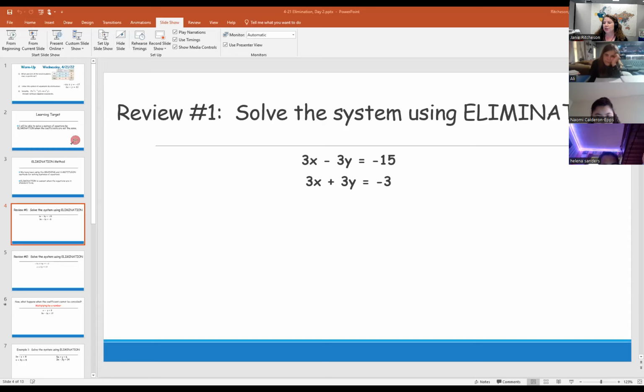So all I'm going to do is combine like terms. x combined with negative x is 0, so my x's cancel. Then I have 1y plus 3y is 4y, and 6 combined with negative 2 is positive 4. To solve for y, I'm going to divide both sides by 4, and y is equal to 1.